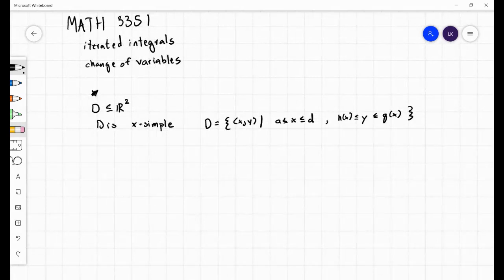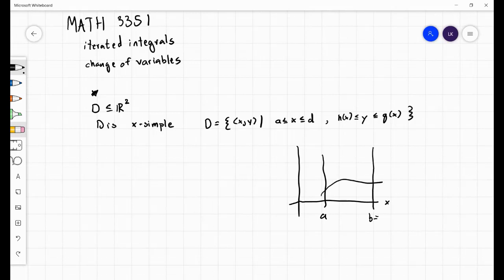So those are going to be like nice differentiable functions. So obviously you have that x is bounded by 2 horizontal lines, but y is bounded by functions of x. So y equals h of x and g of x. That's D.